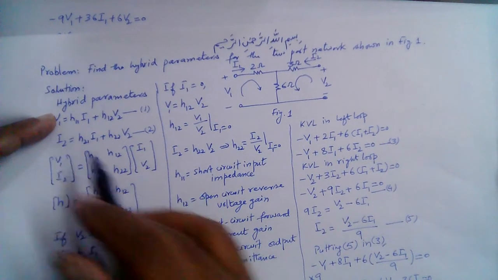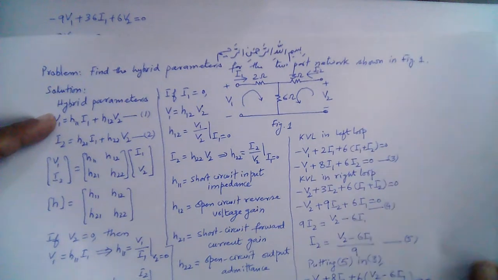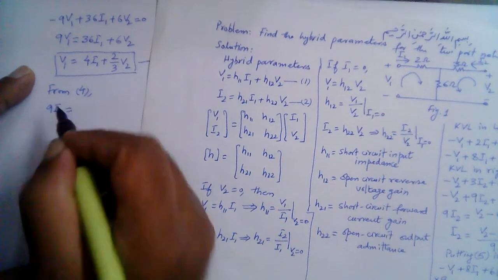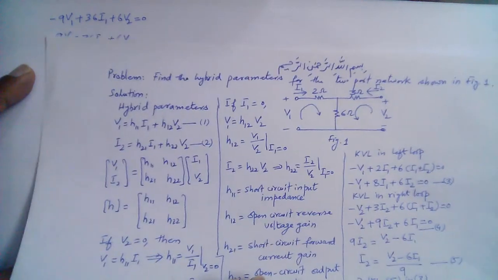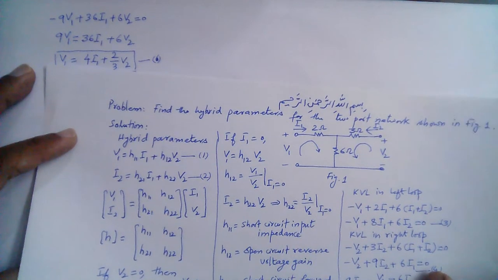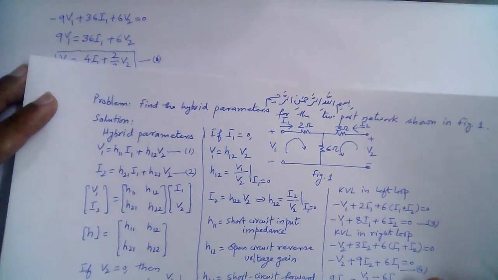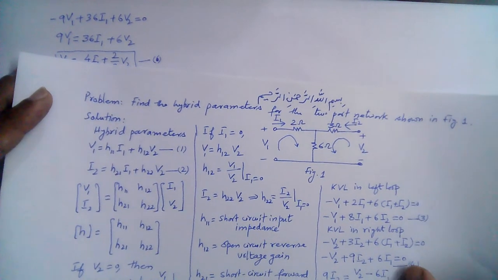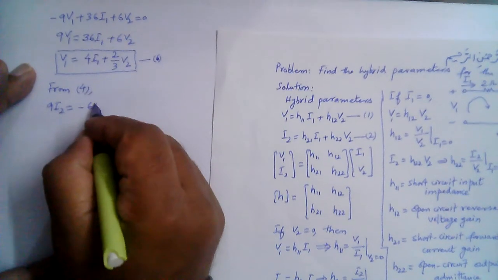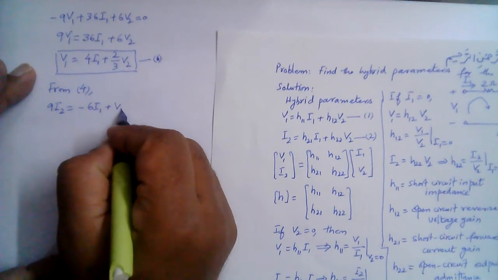On the left side we need I2, so let's put 9 I2. 9 I2 is equal to minus 6 I1 plus V2.